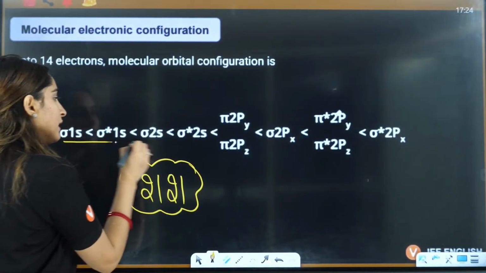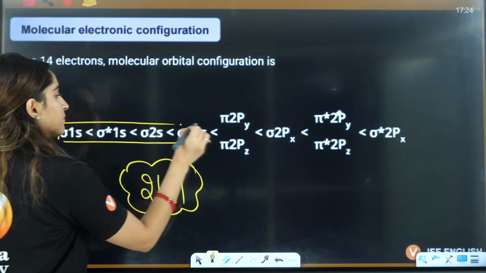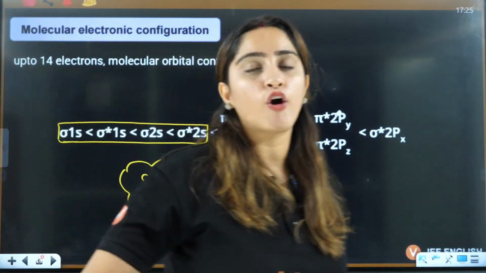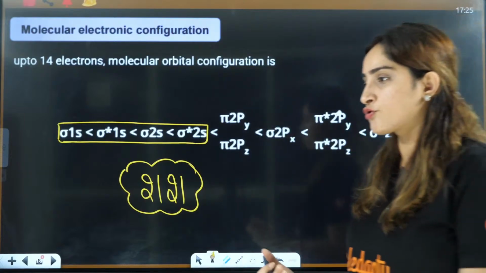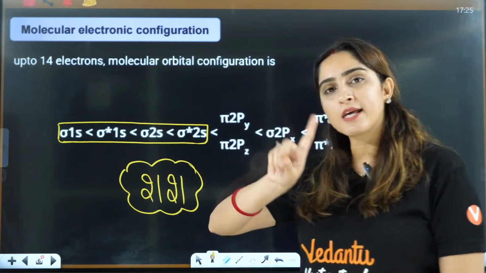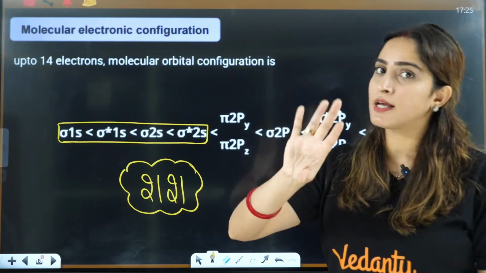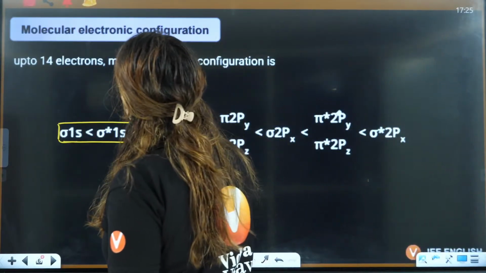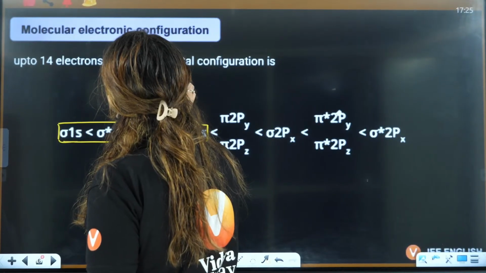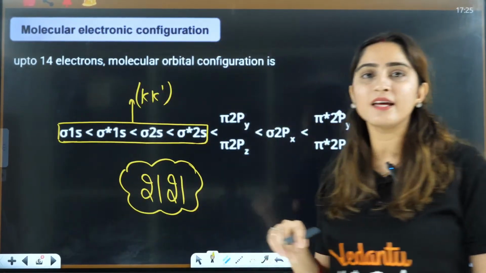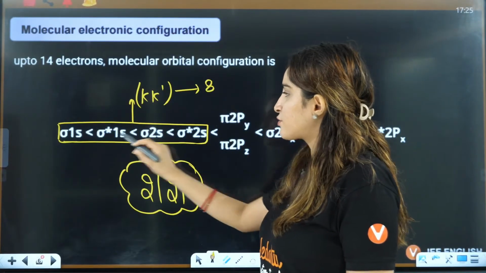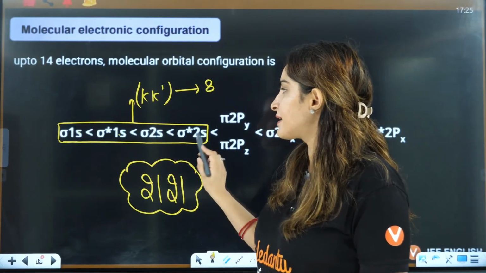This part is always going to remain the same, whether it's up to 14, more than 14, or equal to 14 electrons. It is always going to be sigma 1s, sigma star 1s, sigma 2s, sigma star 2s. We also represent it as KK dash, which contains 8 electrons: 1, 2, 3, 4, 5, 6, 7, 8.